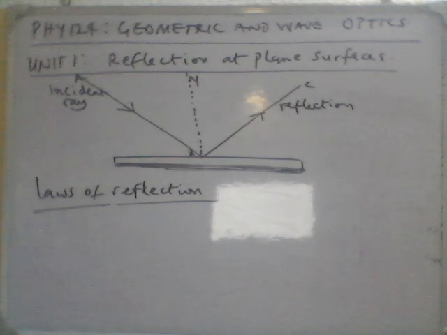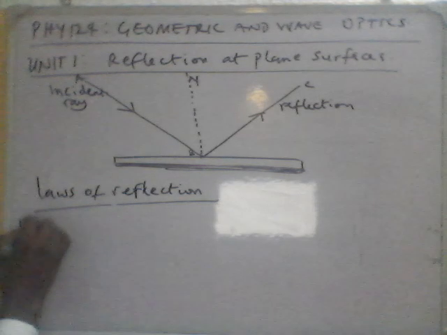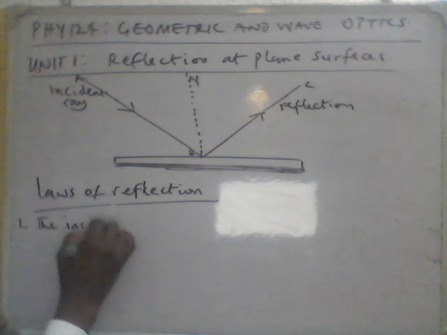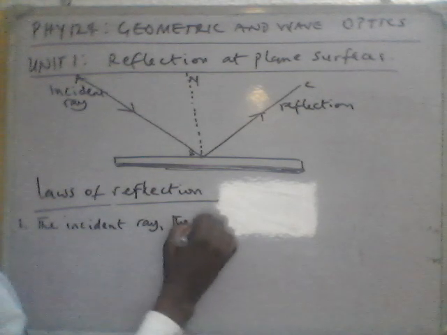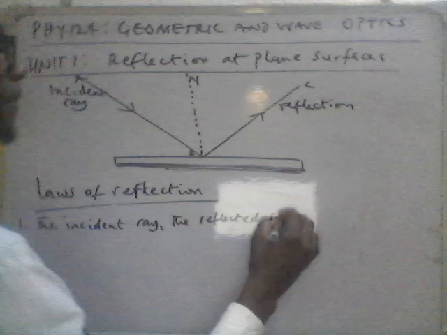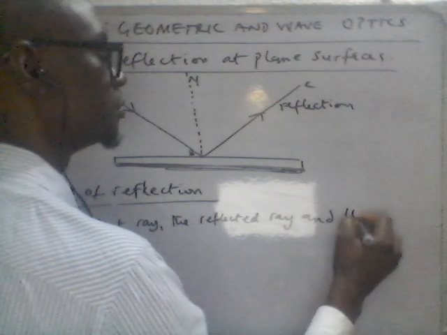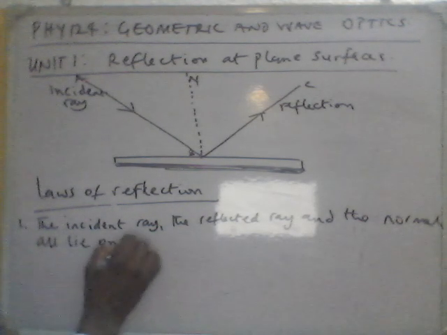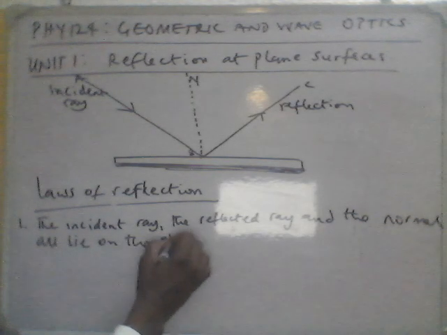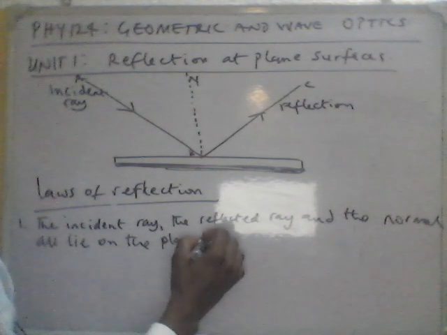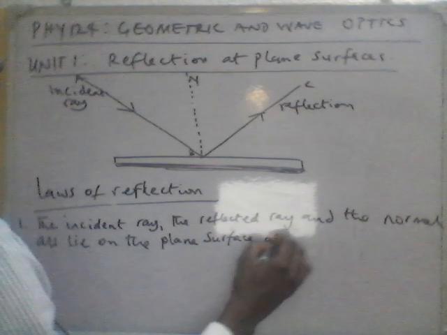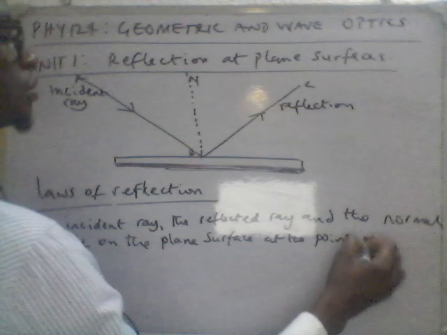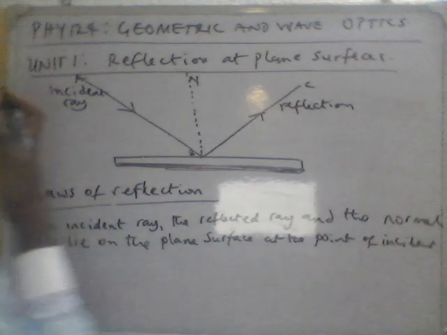The law states that, number one, the incident ray, the reflected ray, and the normal all lie on the plane surface at the point of incidence. So this is the first law of reflection.